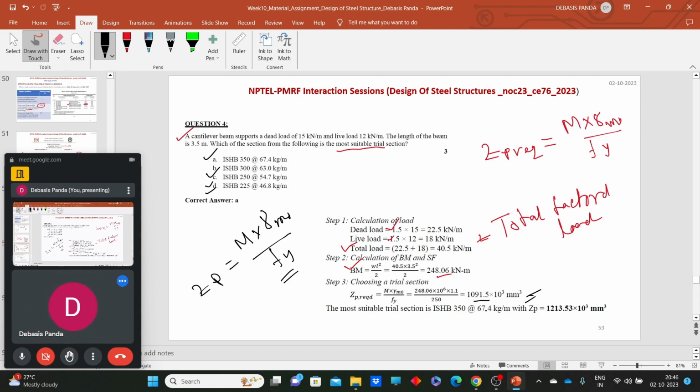Here we have seen that ISHB 350 has the sectional modulus 1213.53, that is close to 1091.5. That means option A will be the correct answer.